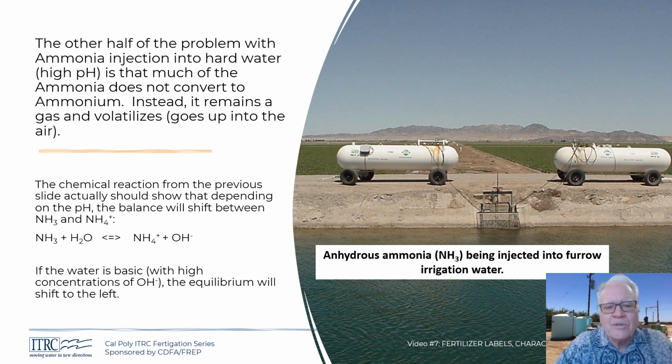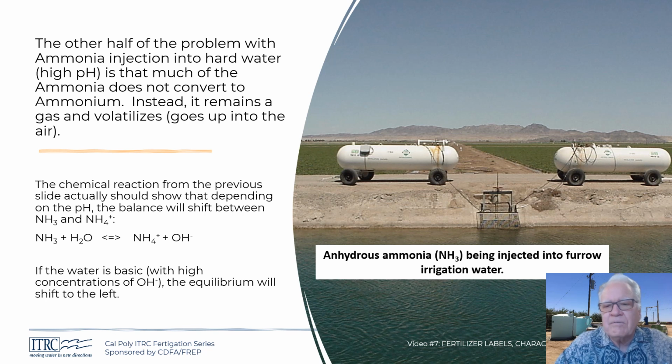This shows the other half that I mentioned, the problem with the volatilization of ammonia, and how there's an equilibrium reaction between ammonia and ammonium. The photo itself shows you what these tanks look like. You have the ammonia gas, and it's under pressure, and there's a hose going down into an irrigation district turnout.